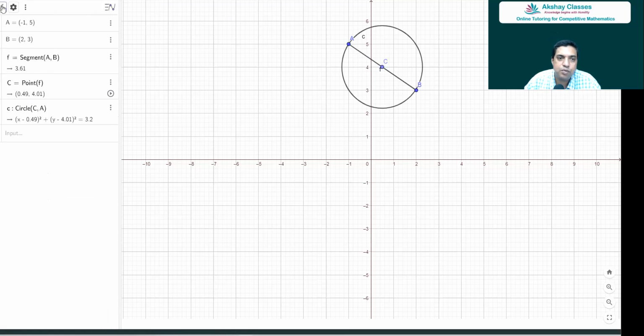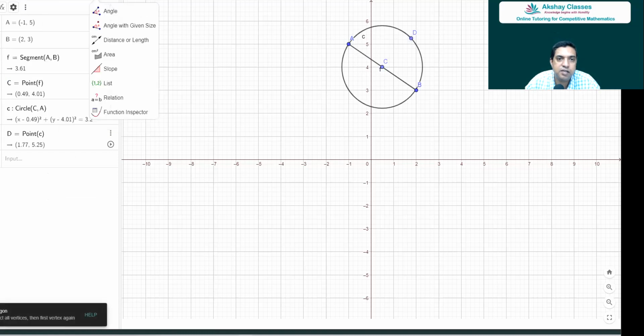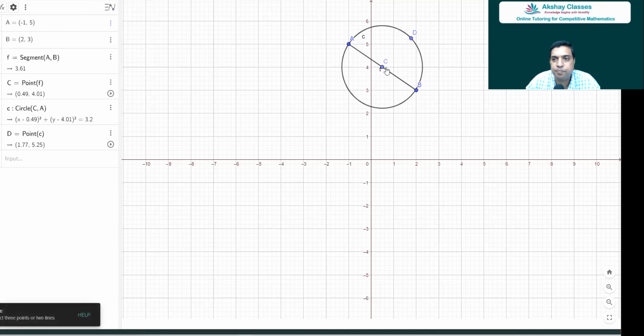So now any point P on the circle will subtend a 90 degrees angle. You can check this. Angle ADB is 90 degrees.